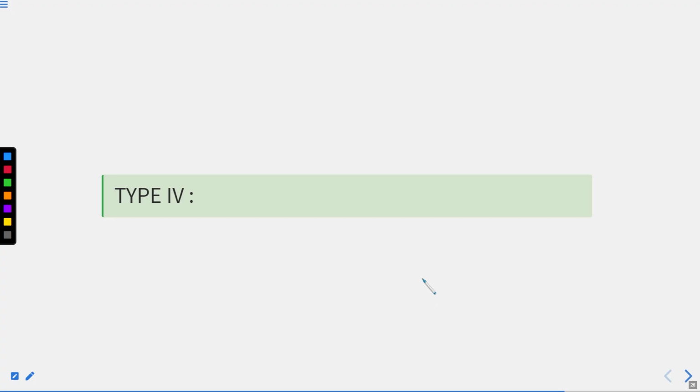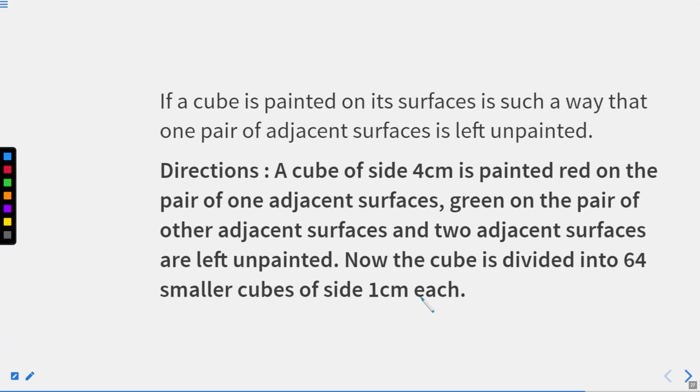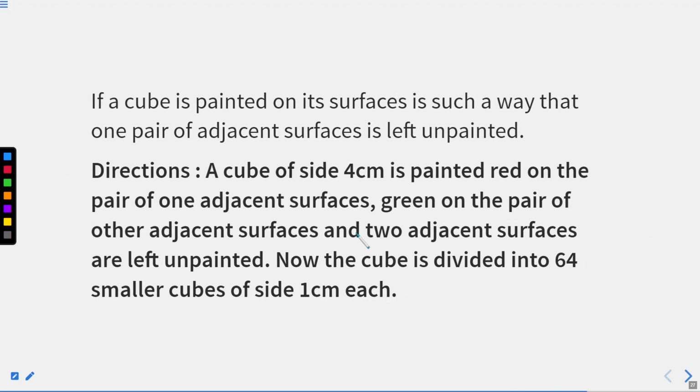Now we are moving to the fourth and the last type of this chapter. So in this type, read it here only. If a cube is painted on its surface in such a way that one pair of adjacent surfaces is left unpainted.